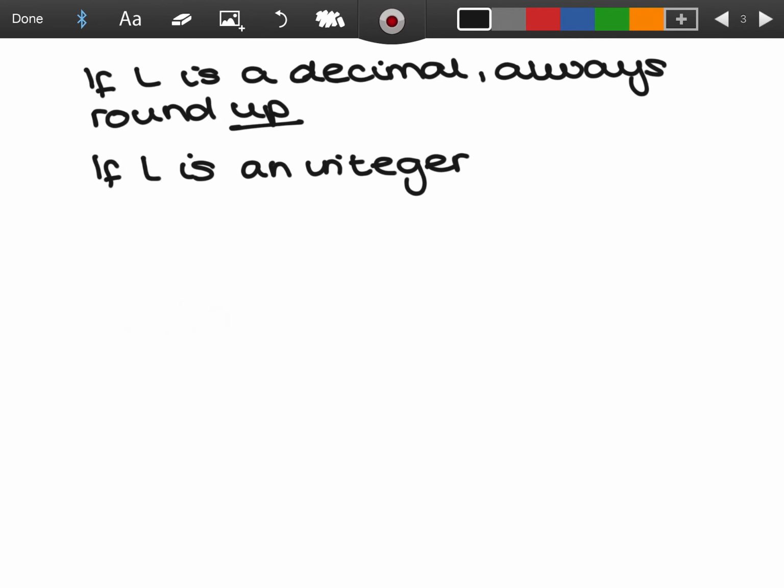So if L is actually a whole number, your pth percentile may not be a data point that actually exists in your data set. It's going to be the average of 2 of the data points.